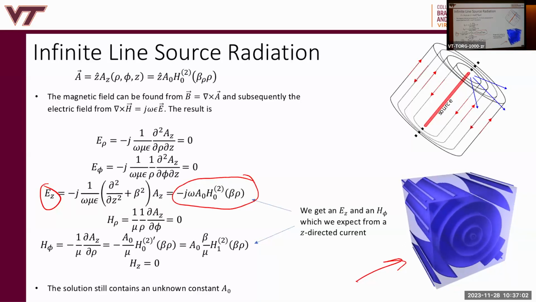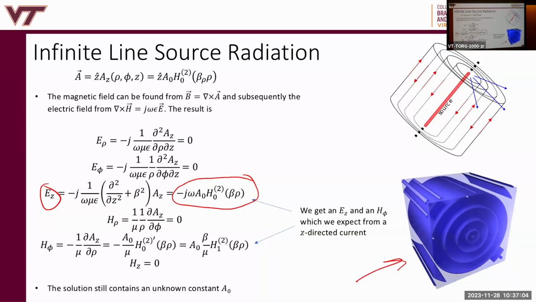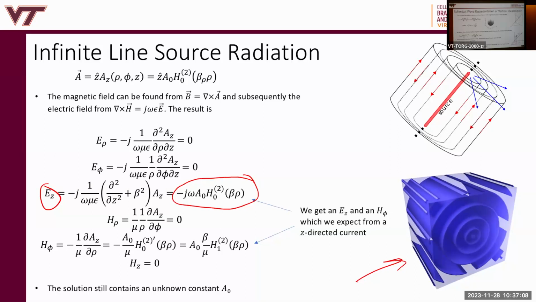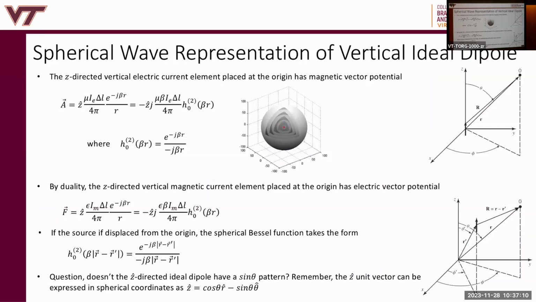So we're gonna have something very similar here in spherical coordinates rather. But in spherical coordinates, we're gonna end up with little h0, right? So now you have to remember all of your spherical wave functions. The z-directed vertical electric current element placed at the origin has this magnetic vector potential. You've solved this before in lecture 6 and in your homework. It is z hat, mu I e delta L over 4 pi, e to the minus j beta r over r, right?